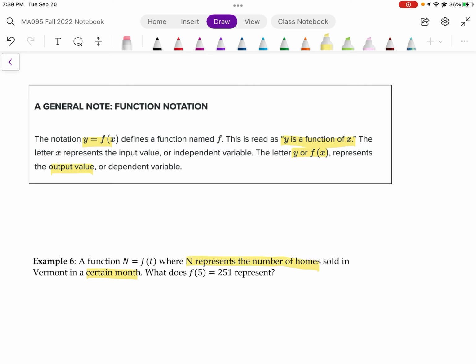So t, time, is months, right? So what do you think 5 stands for? Well, I think 5 stands for January, February, March, April, May. May is the 5th month. All right, and this represents n. This is n, right? Equals the number of homes sold.